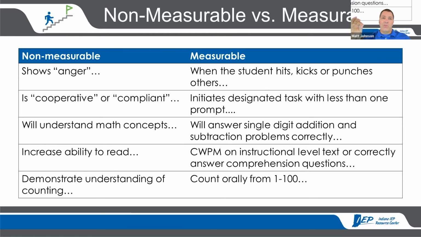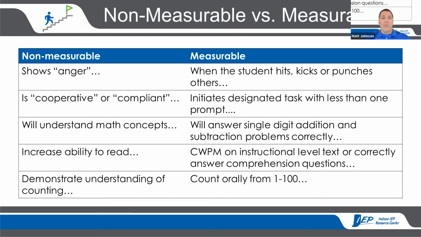Sometimes I see goals written like, when the student is angry, he will implement a calming strategy after a prompt from the classroom teacher, which is a great start for a goal at least. The problem is, I don't know what anger looks like. I know what anger looks like because I'm a reasonably emotionally stable person, I guess.